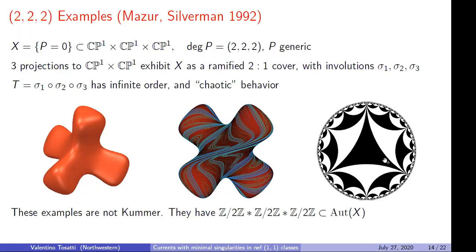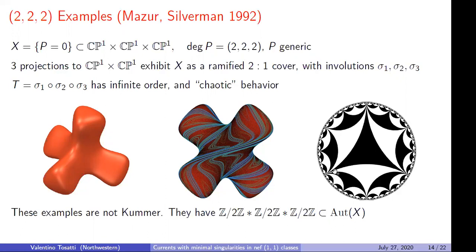Then this hyperbolic paving is simply the action of T in cohomology. If you pull back (1,1) classes, there is a fundamental domain, which is this ideal triangle here. When you apply the action of sigma 1, sigma 2, sigma 3, the action of the automorphism group, sigma 1 flips this triangle into here, sigma 2 into here, sigma 3 into here. If you apply the full automorphism group, you get this hyperbolic paving of the disk. These examples are not Kummer if P is generic. And as I said, these involutions generate Z mod 2 factors, and their free product is a subgroup of the automorphism group of X.